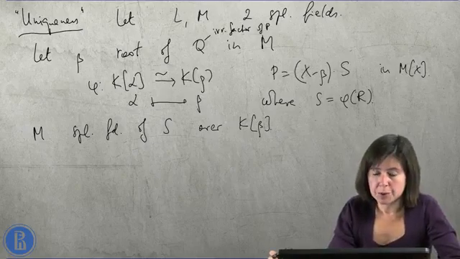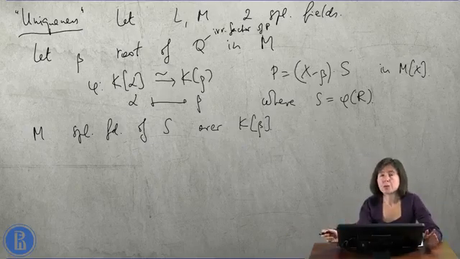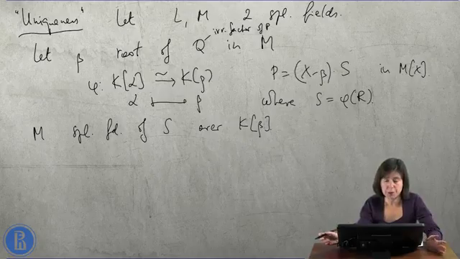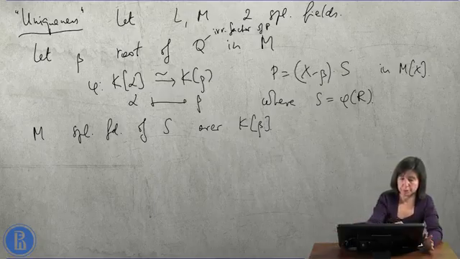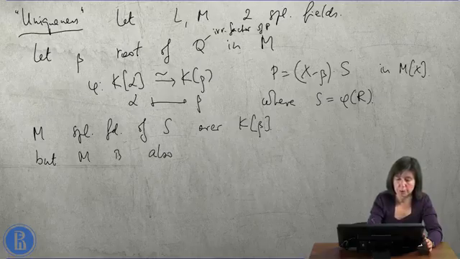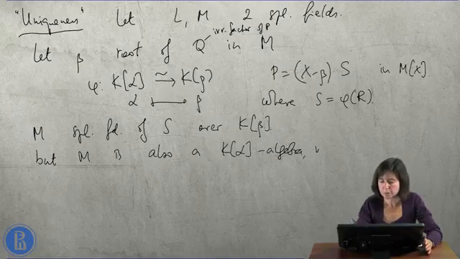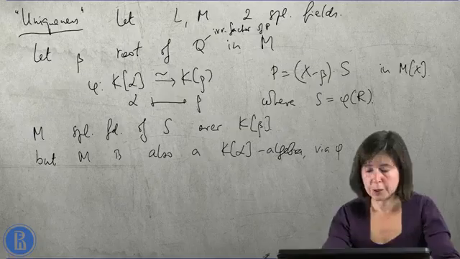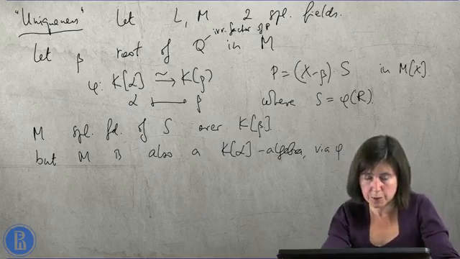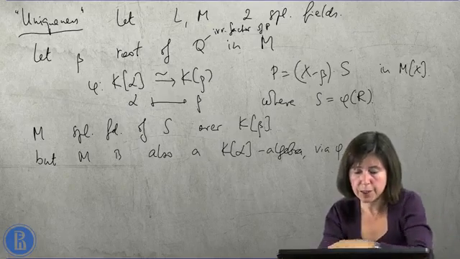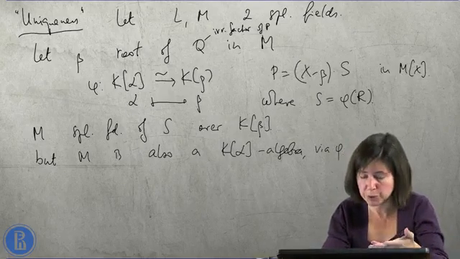But now let's remember that we have also defined a field extension as an algebra. But M is also a K of alpha algebra via phi. K of alpha acts on M via phi, which identifies it to K of beta.